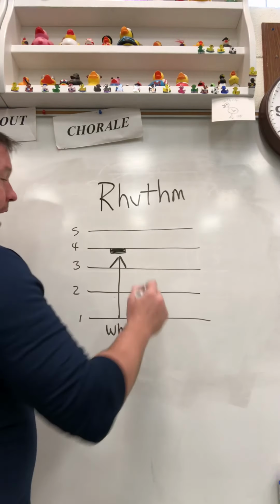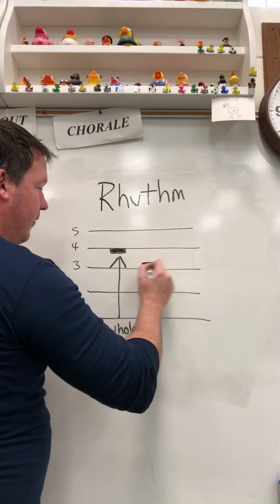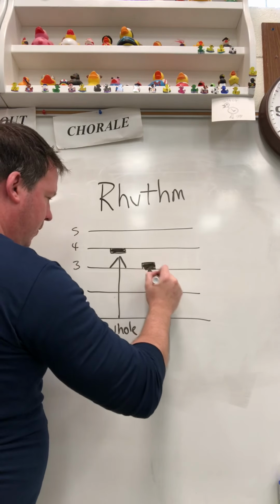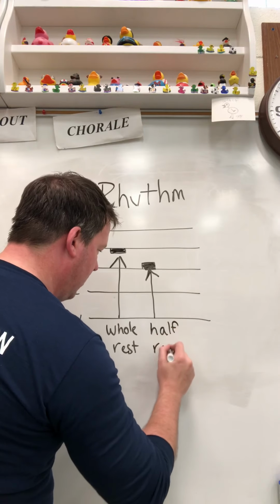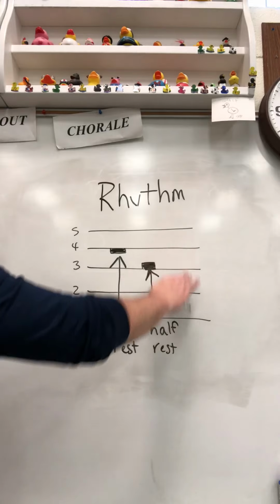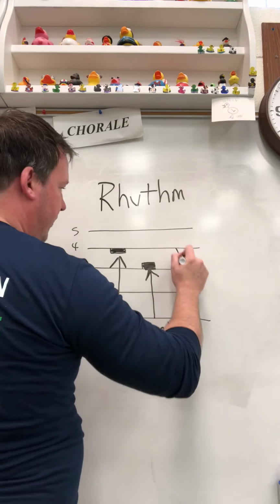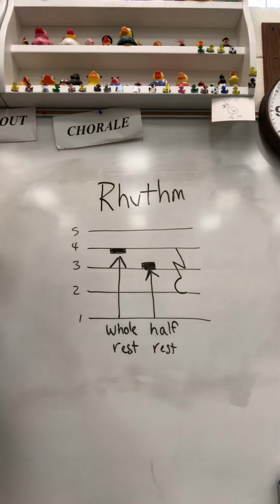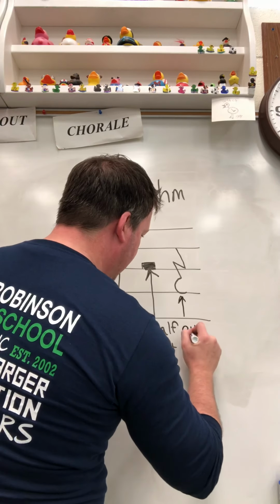And then half rest, we're going to make it sit on top of line number 3. Finally, our quarter rest is going to take up between lines 4 and 2. And that is quarter rest.